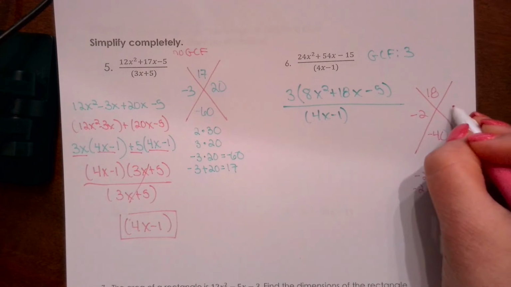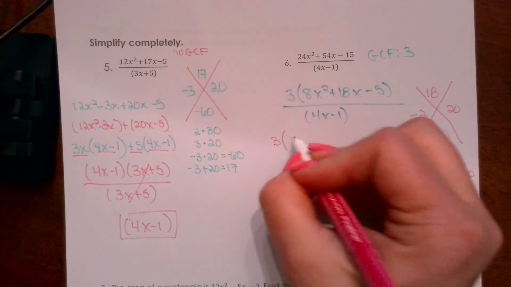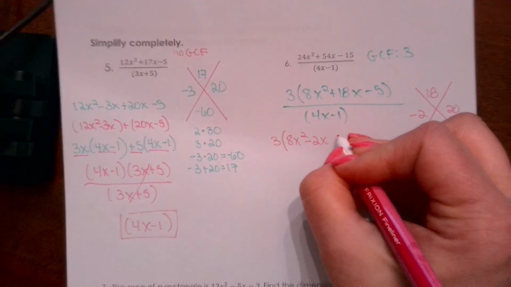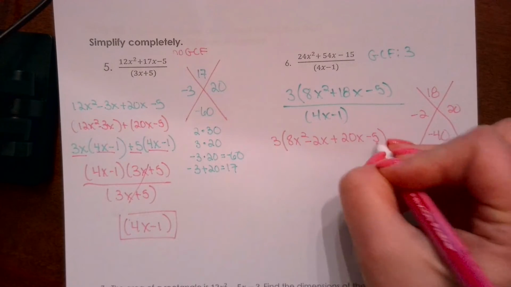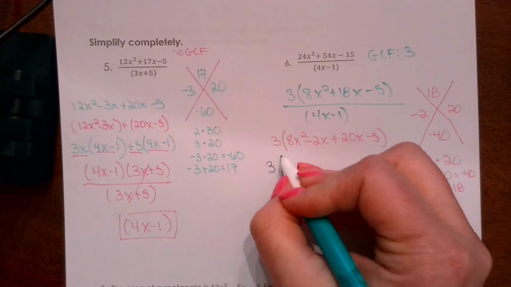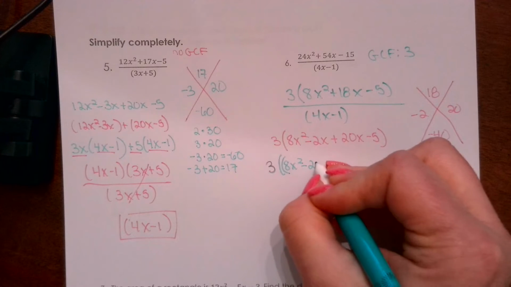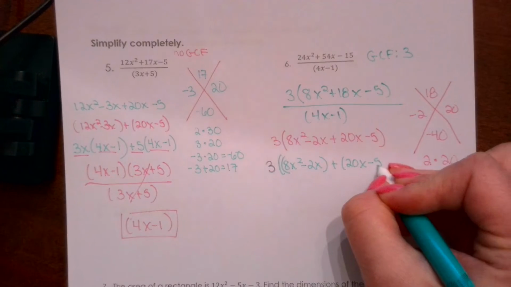So I already have what I'm looking for. Yay! So 8x squared minus 2x plus 20x minus 5. I'm going to write that in a pair, write it in green. And I got 8x squared minus 2x plus 20x minus 5.